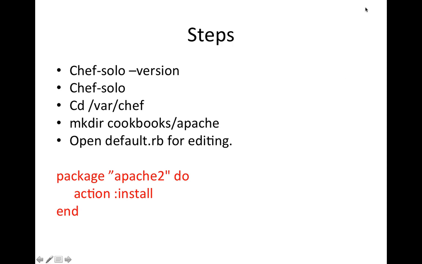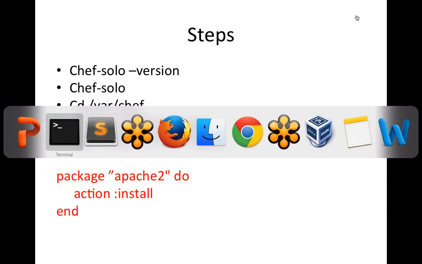Now we are going to use Chef Solo today, just to show and just to run. Right now we are assuming our workstation is our node, the same machine we are working on, and we are going to use Chef Solo.